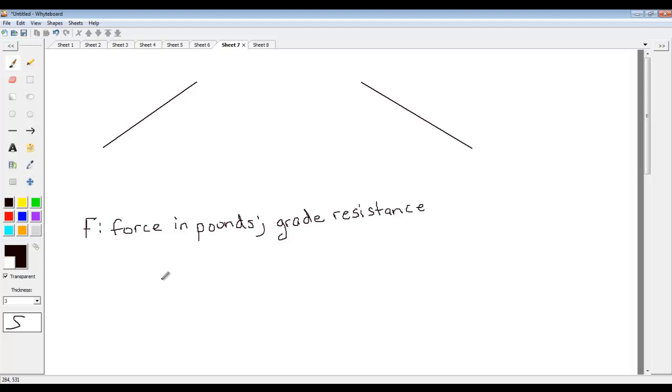And there's an equation that models that. The force equals W, where W is the weight of the object, the automobile in this case, times sine of theta, where theta is the grade.